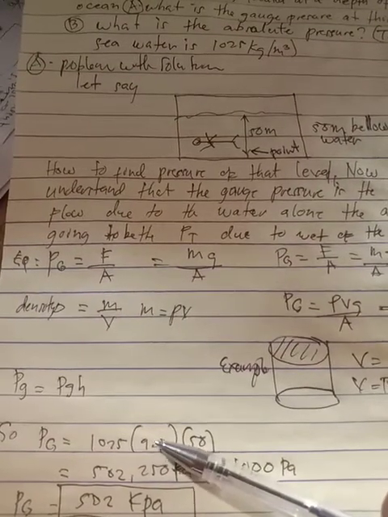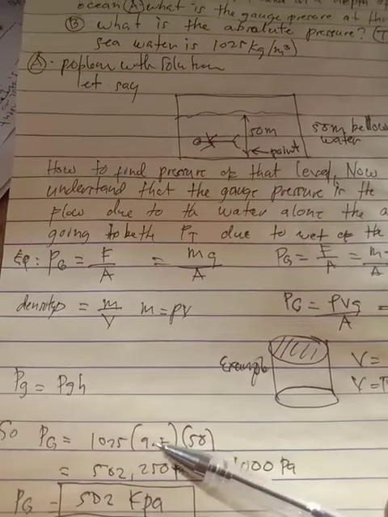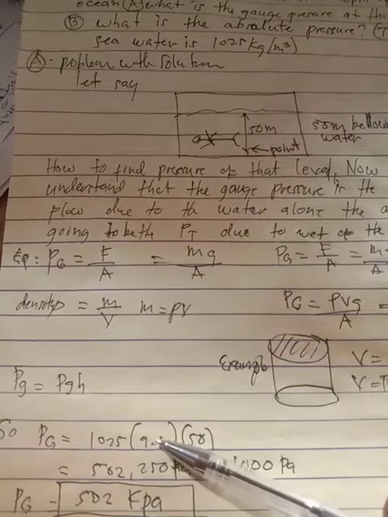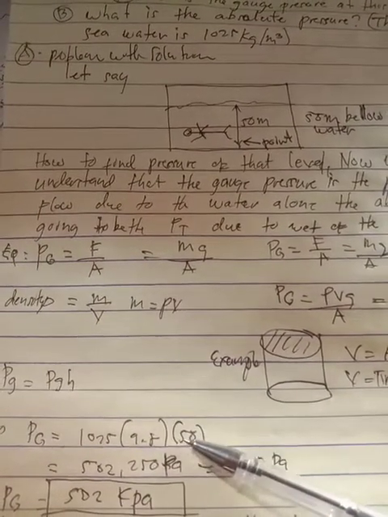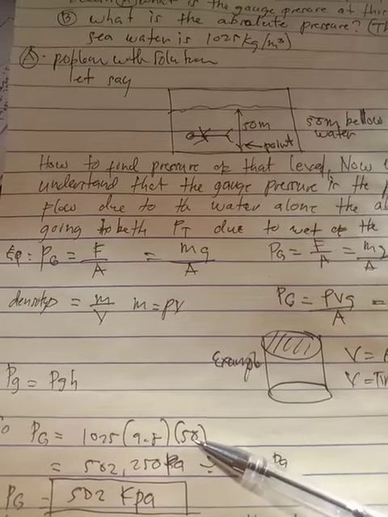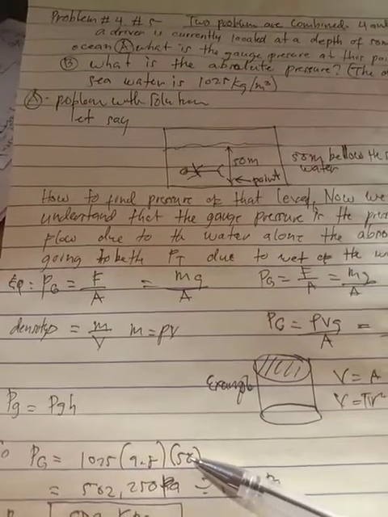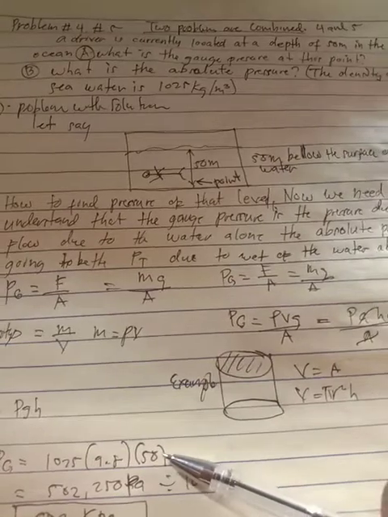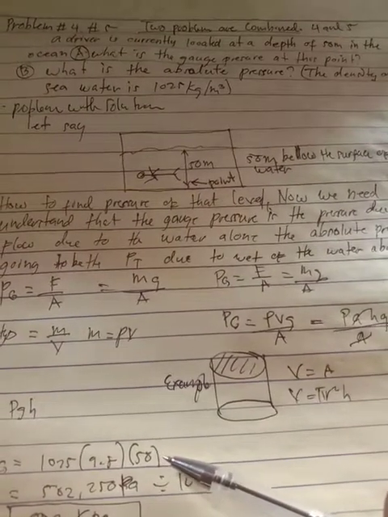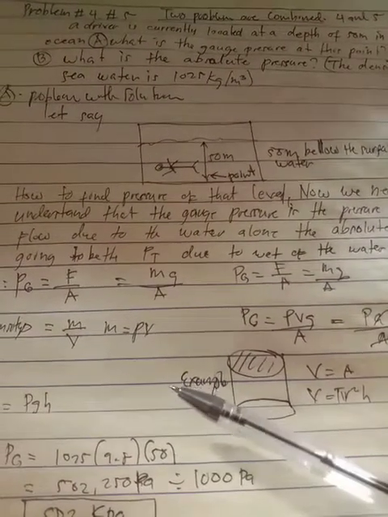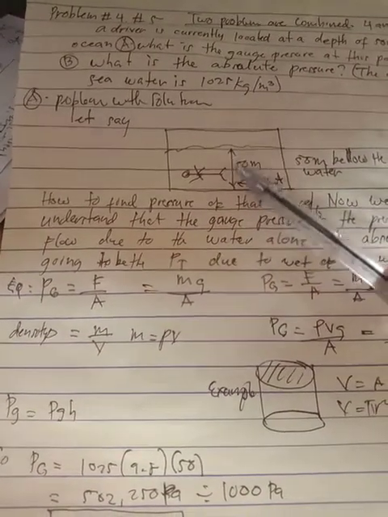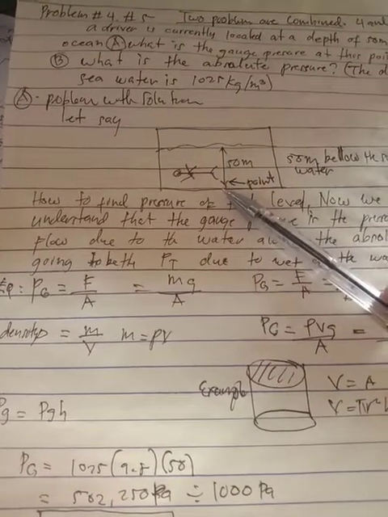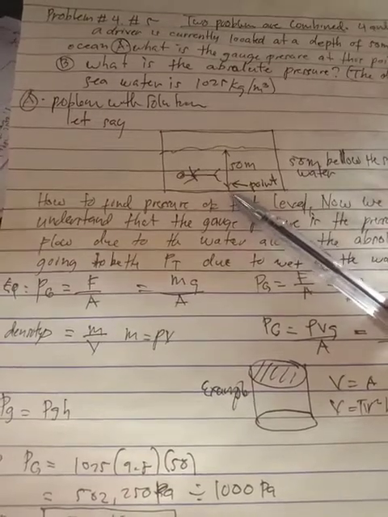This is the constant gravitational acceleration, 9.8. And then here is our 50 meters, the height, or depth, from the surface of the sea going down to this point.